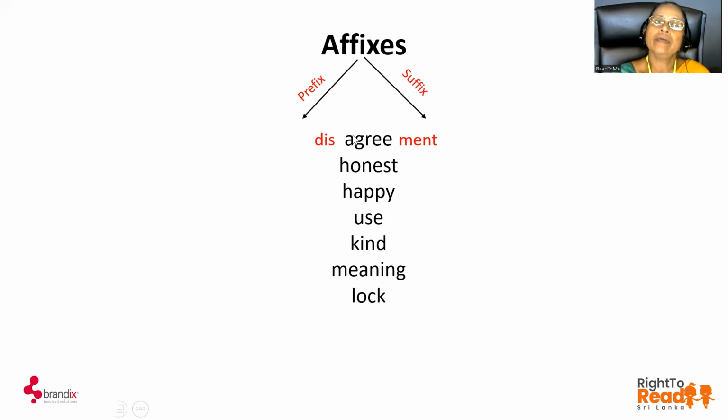You have to add prefixes and suffixes for the following words. Sometimes you can use a lot of suffixes. Then use, usable, what else? Useful, usefulness. See, there are lots of suffixes that you can add. Now, I hope you may find it very easy to do this homework.